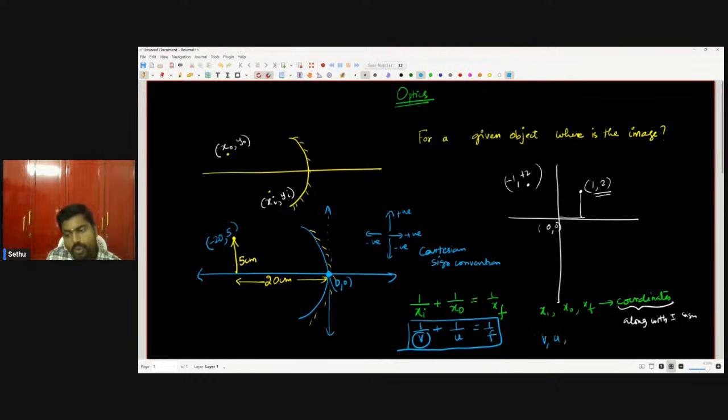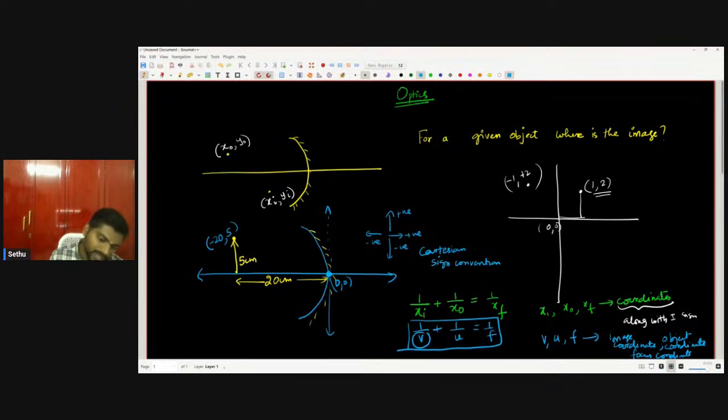treat v, u, f as image coordinate, object coordinate, and focus coordinate.